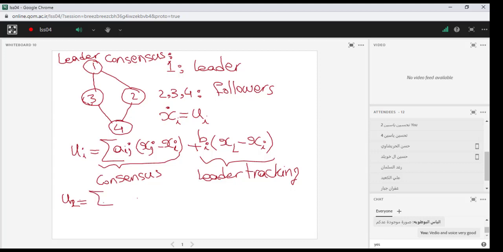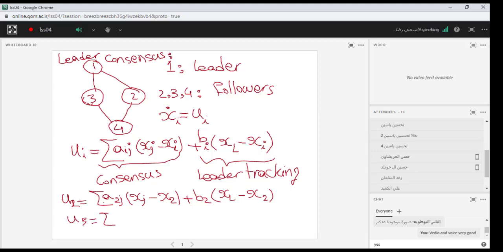We don't have anyone about the first one. The second one, sum of a2j times xj minus x2 plus b2 times x leader minus x2.